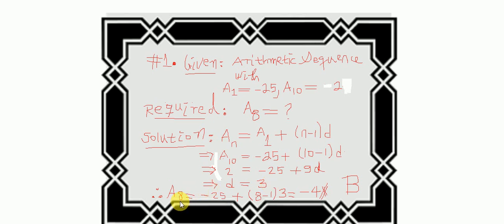To find the 8th term, again we have to use the same formula with n equal to 8. When n is 8, since the first term is already negative 25, plus in place of n we have 8 minus 1 times common difference 3. So we have 7 times 3, 21, plus negative 25 is equal to negative 4. So the answer is B.